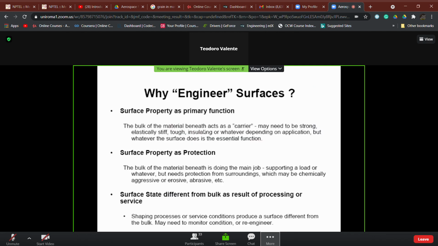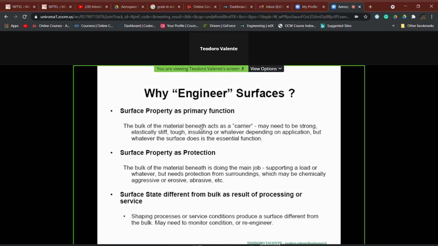Surface engineering: we are dealing with the surfaces of components. And surfaces can have different functions, and thus can be asked by the designers to have different functions.